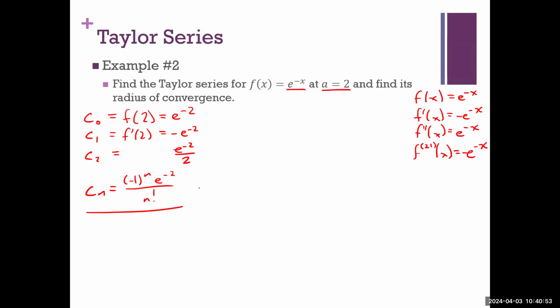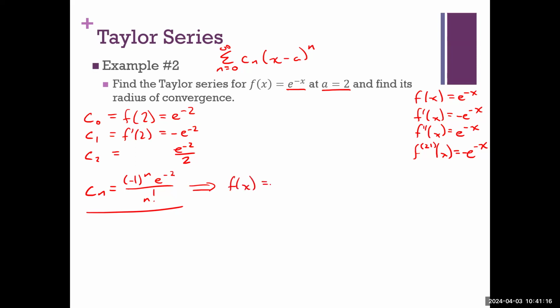Okay, so now in general, what does a Taylor series or a power series look like? This sum of all the C sub n's times x minus a to the power of n. So now we have that C sub n. I can rewrite this.